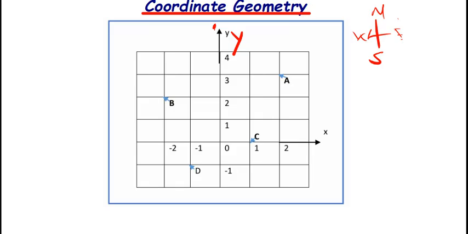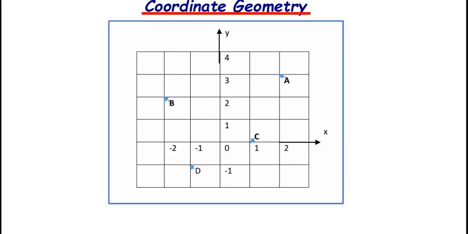Where they meet it is 0. Starting from this point going up it is positive, and from 0 coming down to the south it is negative. Also from 0 going to this side it is positive, and from 0 going to this side it is negative. So that's just the basics of the Cartesian plane.